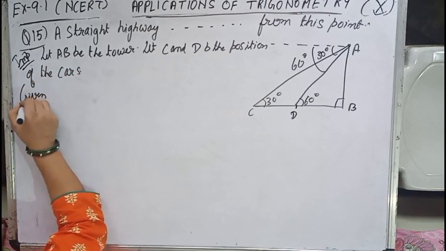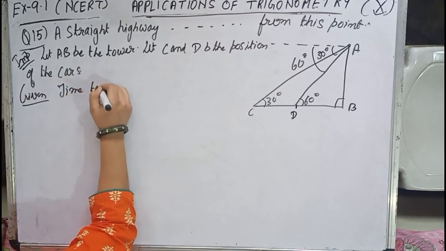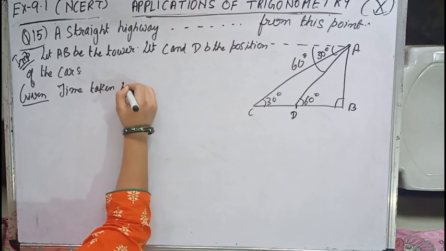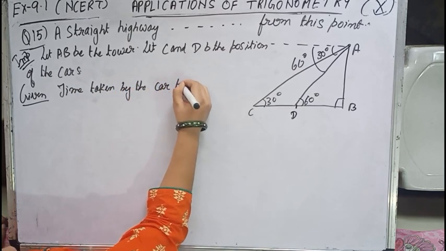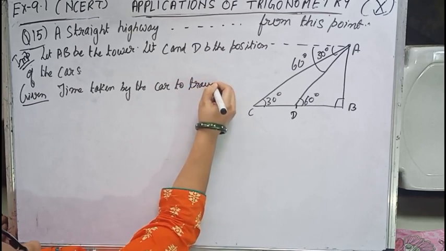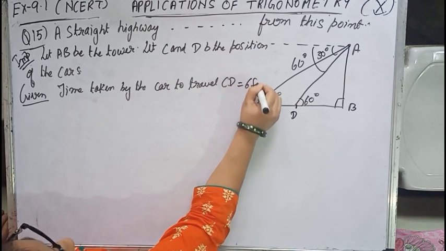Given, time taken by the car to travel CD equals 6 seconds.